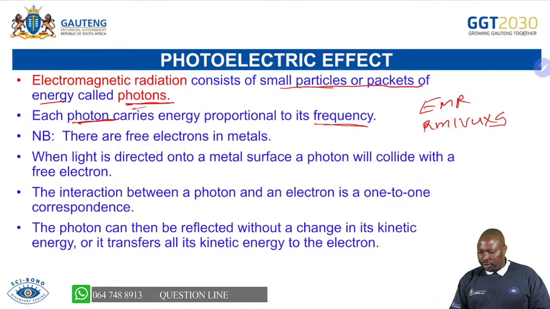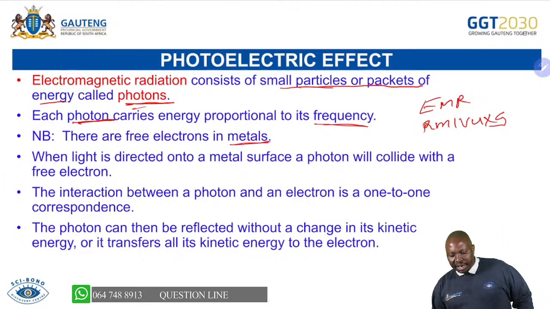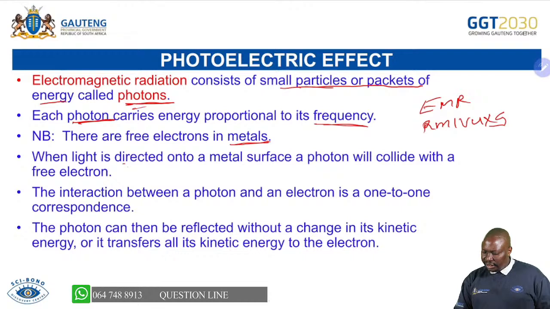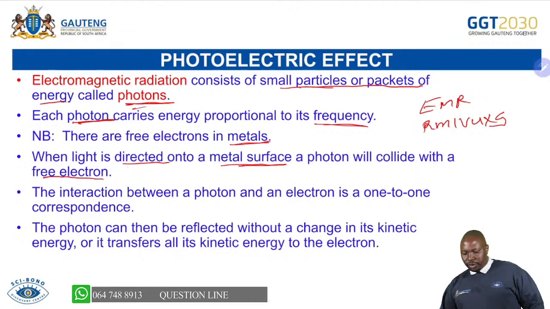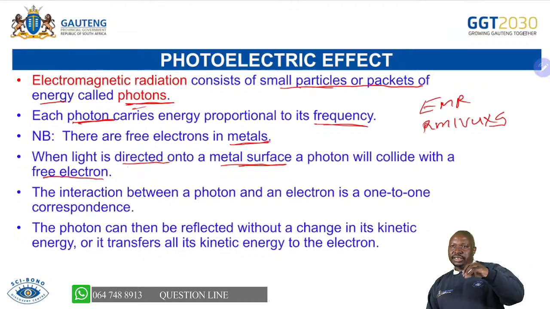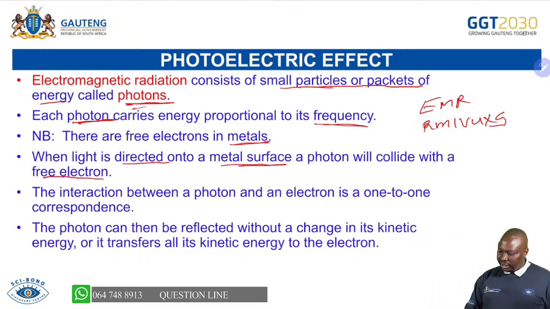So when light is directed onto a metal surface, a photon will collide with a free electron. The electrons that are around will absorb the energy from the photons. Now what happens? The interaction between a photon and an electron is a 1-to-1 correspondence.